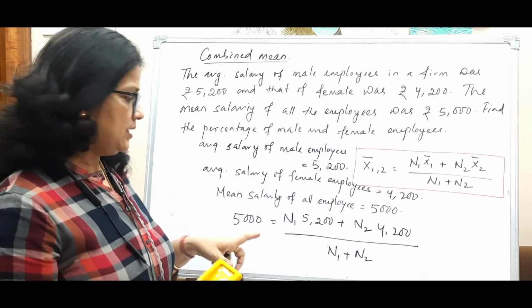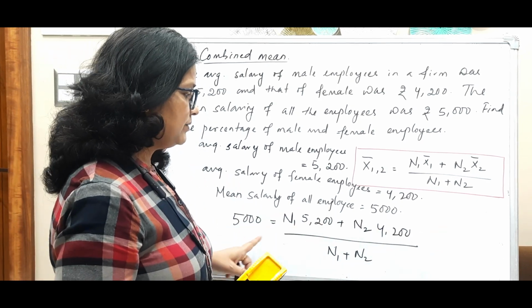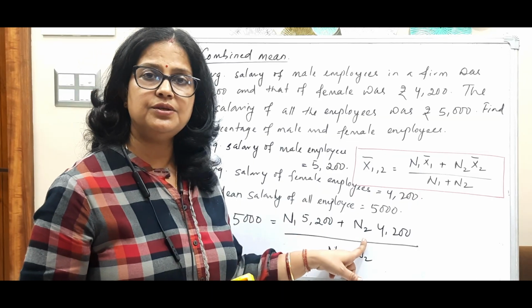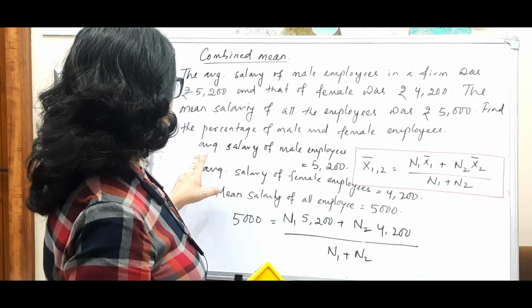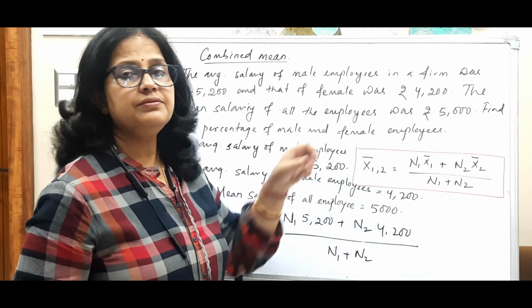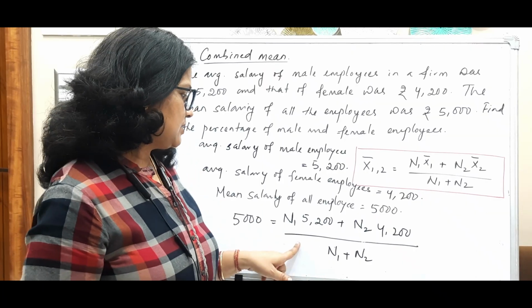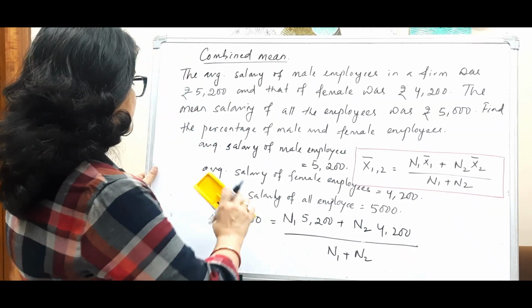Now it is in an equation form. So we need to find what is the ratio of N1 and N2. Because question में क्या पूछा है? Find the percentage of male and female employees. उनका percentage कितना है? So we'll solve the question.